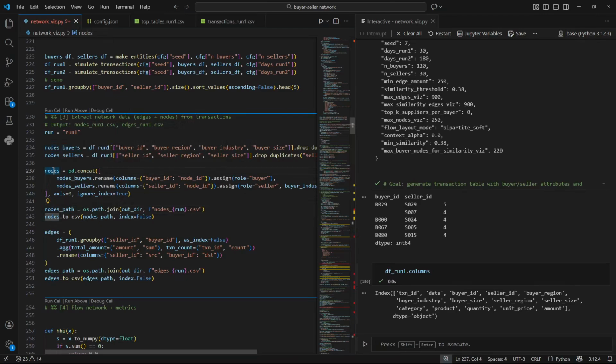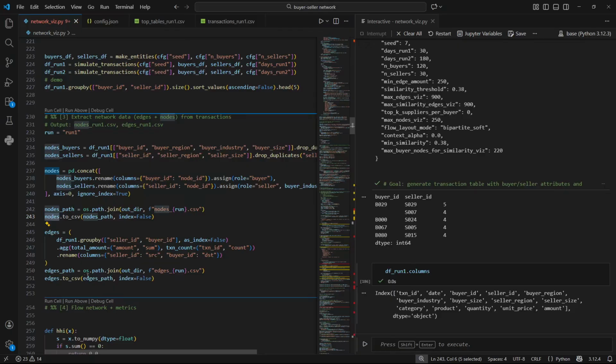Because this is looking from the perspective of a node, whether that's buyer or seller, but obviously now we have an additional column that specifies for us whether they are buyer or seller. And now we have node ID instead of buyer/seller ID. So that would be our node layout of the data.